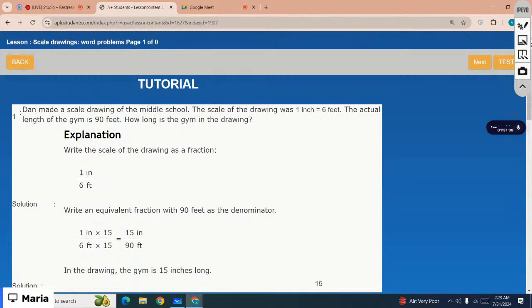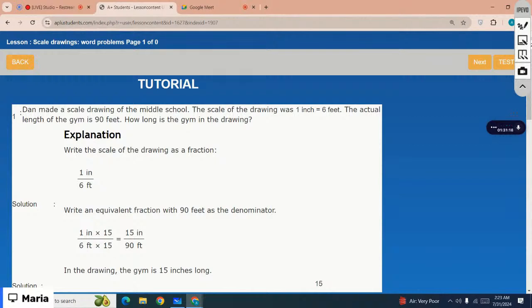Dan made a scale drawing of the middle school. The scale of the drawing was 1 inch equals 6 feet. The actual length of the gym is 90 feet. How long is the gym in the drawing?